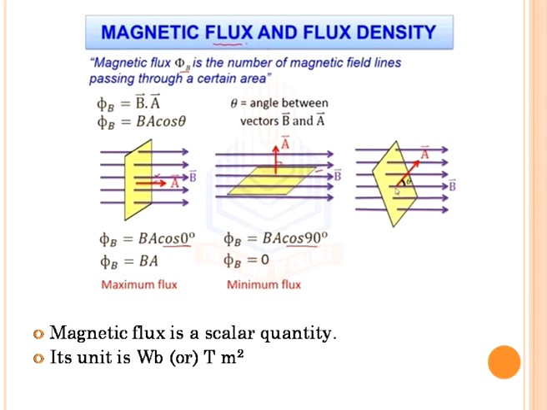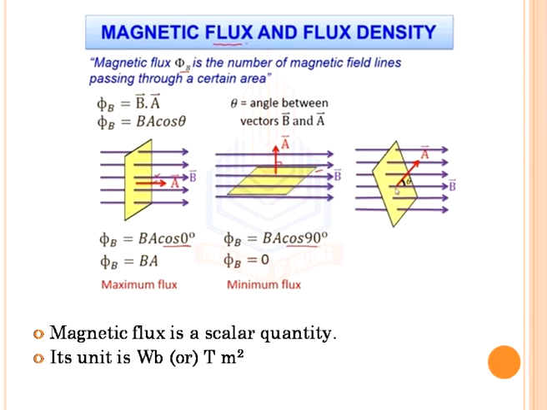And what was the equation for the electric flux? If you remember, that is phi is equal to E vector dot A vector. Here E will be replaced by the magnetic field, so phi is equal to B vector dot A vector. And of course, if you expand this, it is BA cos theta, where theta is the angle between the magnetic field and the area vector.